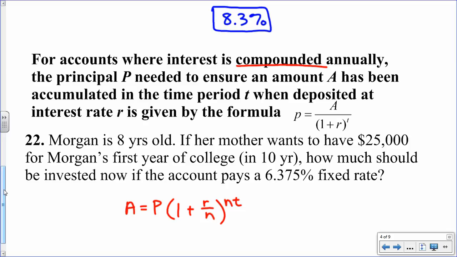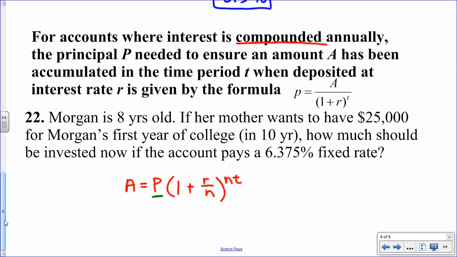The number of times it's compounded per year? Nope. Yep. So we're looking for what we're starting with, our initial amount. That's P, that's our principal.